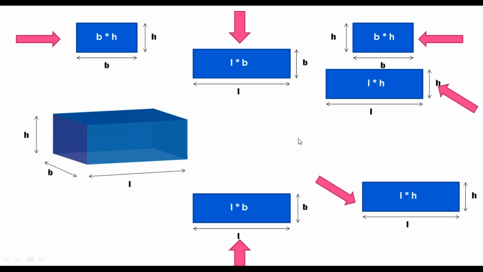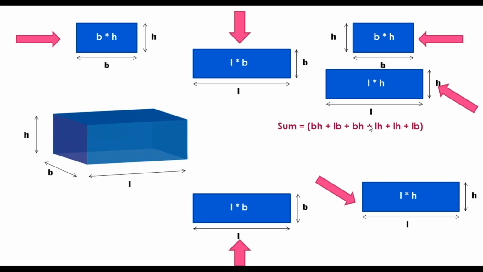Now what we have to do is find the sum of all these areas we have calculated so far. The sum is BH plus LB plus BH plus LH plus LH plus LB. You can see here that each area is getting repeated twice.